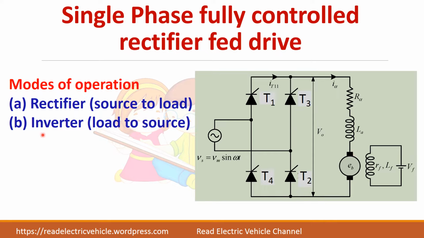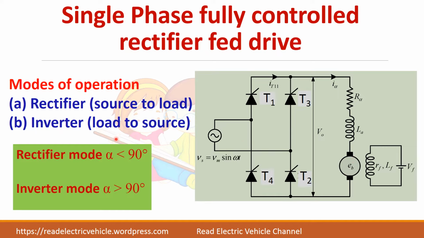It can also act as an inverter if it supplies the stored energy back to the supply, that is, DC to AC conversion takes place. This converter will act as a rectifier when the firing angle alpha is less than 90 degrees, and it acts as an inverter when alpha is greater than 90 degrees.